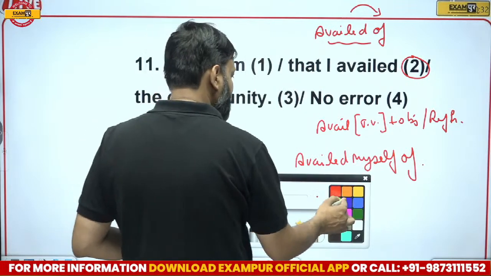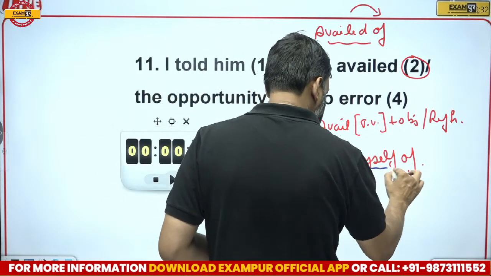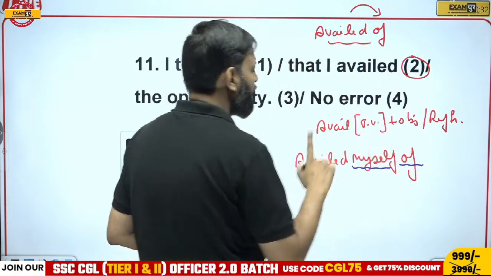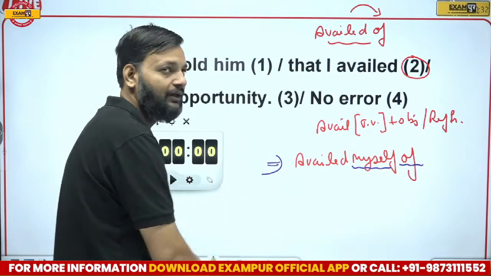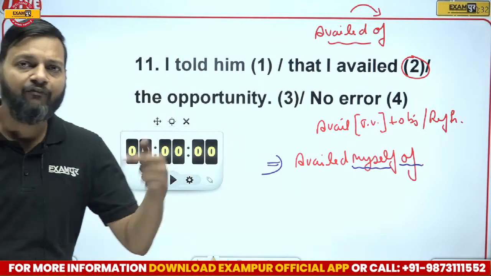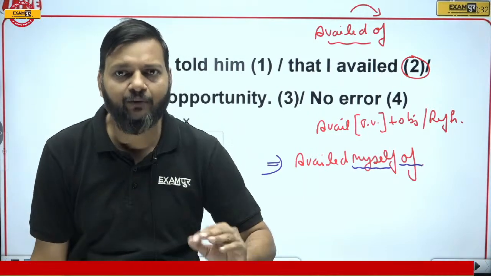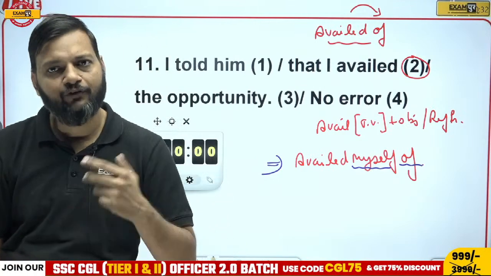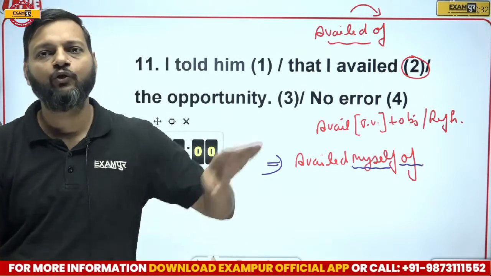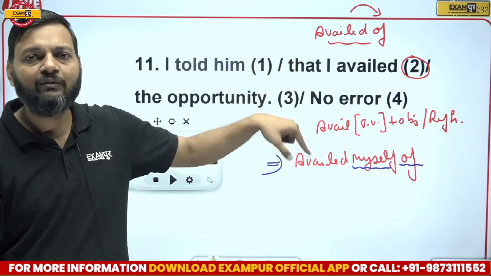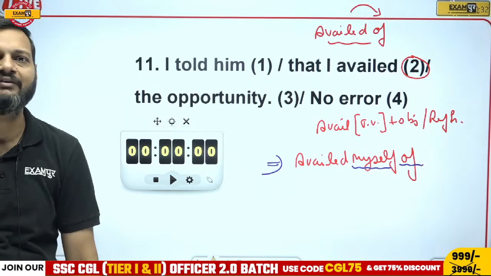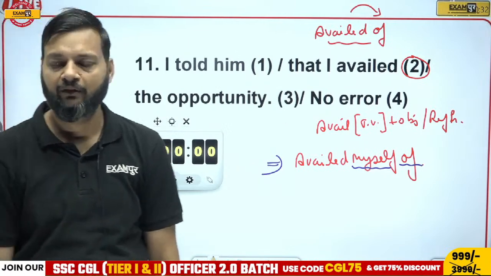So availed will be followed by two words, myself and of. Okay, availed myself of, right? Since availed is a transitive verb, it needs an object or a reflexive pronoun, and it is always followed by preposition of. So here availed will be replaced by availed myself of. Okay, availed myself of. Clear?